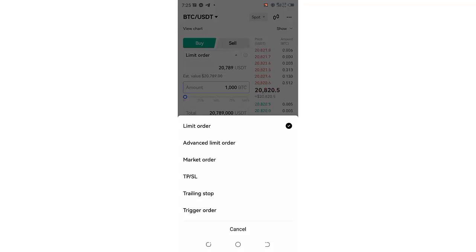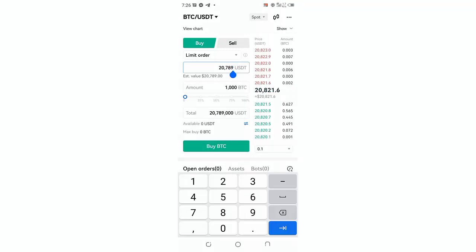So you now use the limit order feature and say, please, when this BTC, instead of 20,800, when it hits 20,400, please buy it for me.